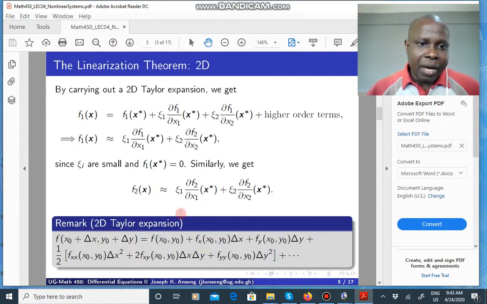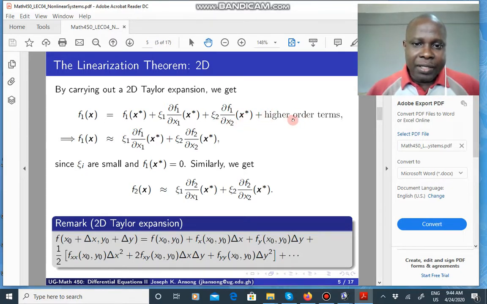So f1 of x will be equal to, we are expanding about x star. You're going to get f1 of x star plus xi1 times the derivative of f1 with respect to x1 at the fixed point x star. No, this is a vector, this is x1 star, x2 star, plus xi2 times the derivative of this with respect to x2 at the fixed point, plus higher order terms.